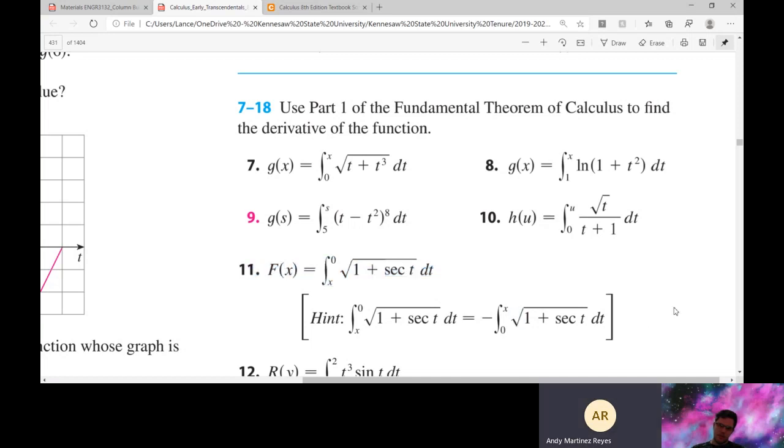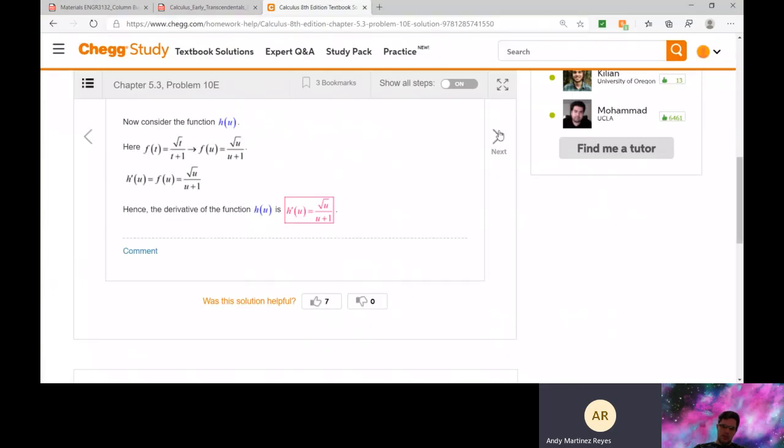Yeah, when x is on the bottom, you change the sign, you bring out a negative out front, and you have this. So what do you think the derivative of this would be? Just negative square root of 1 plus secant x. Yep.